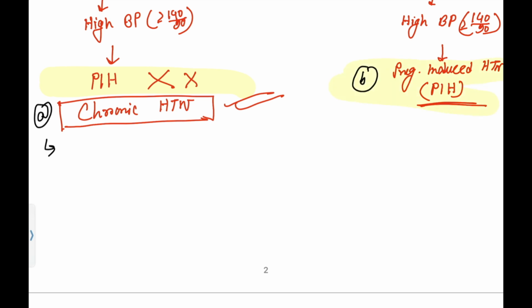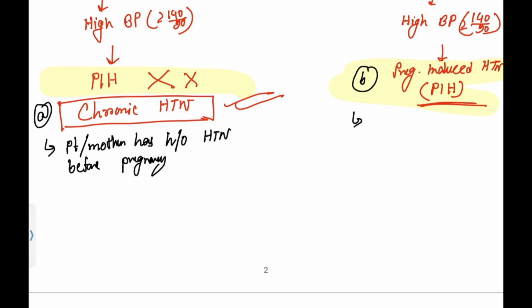So what is the meaning of chronic hypertension? Chronic hypertension means the patient or mother has a history of hypertension before pregnancy. Here the features of PIH: the patient or mother was normotensive before pregnancy.